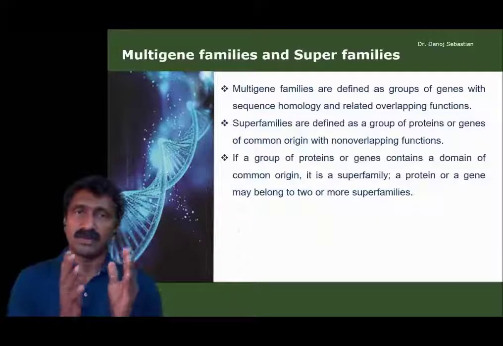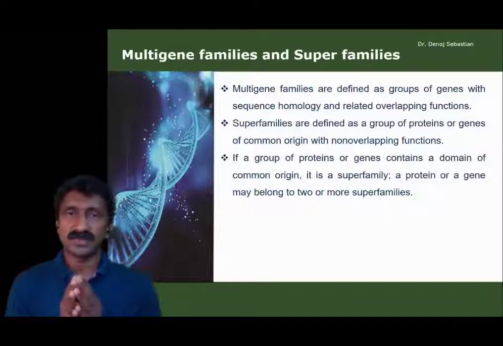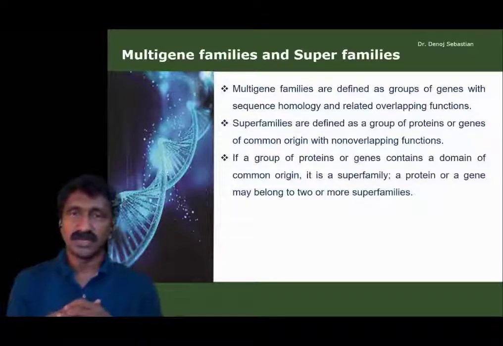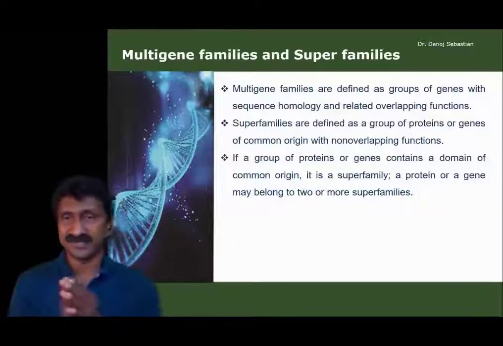A protein or a gene may belong to 2 or more superfamilies. Based on some structural similarity and relationships, proteins can be placed in various families, not only a single one.